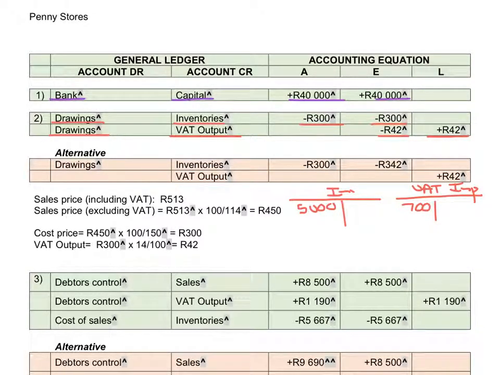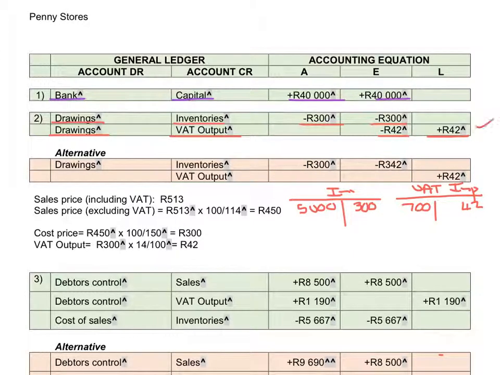Now, if the owner takes goods for his own use, it means that we will decrease the inventory because the inventory is not available for the business anymore. And because the business can't claim the VAT back anymore from SARS, VAT must now be paid on this 300 Rand, so you will credit the VAT input account with 42. So it means that you decrease the total amount that can be claimed back from SARS.